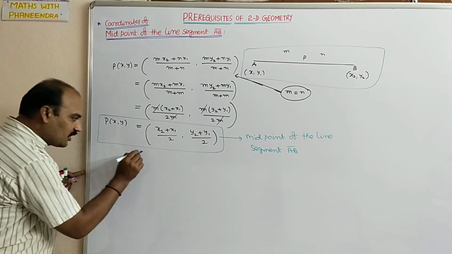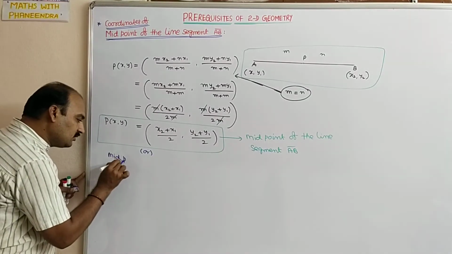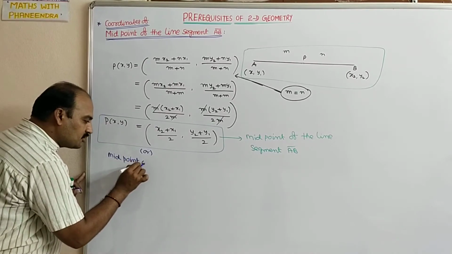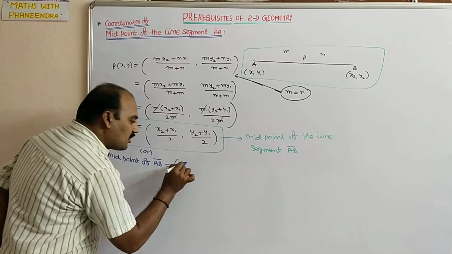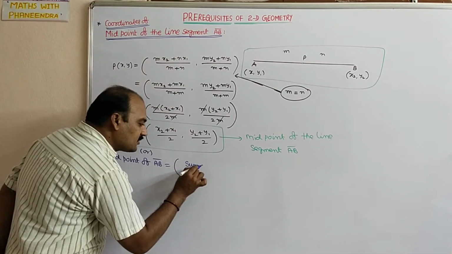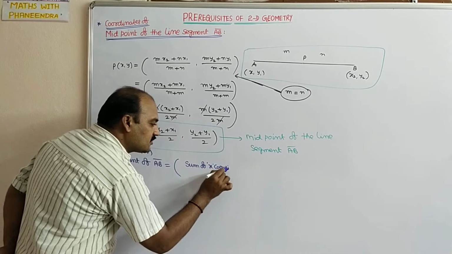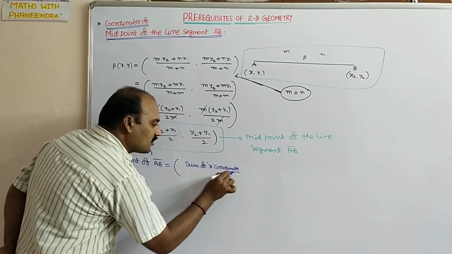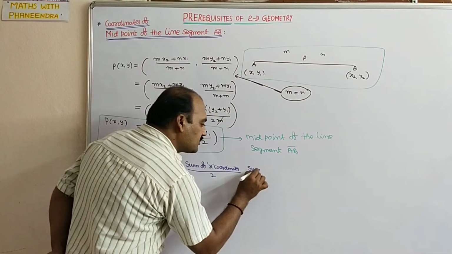In other words, we can write it as: midpoint of AB is equal to sum of the x coordinates by 2 comma sum of the y coordinates by 2.